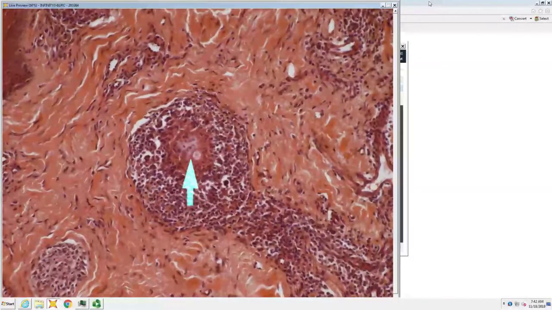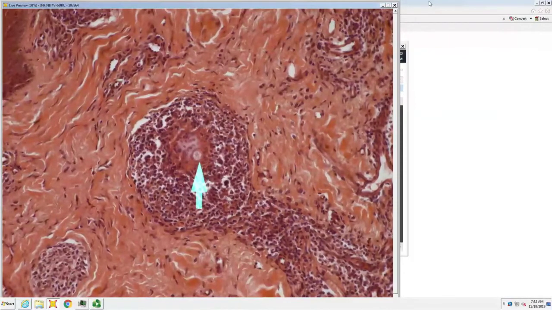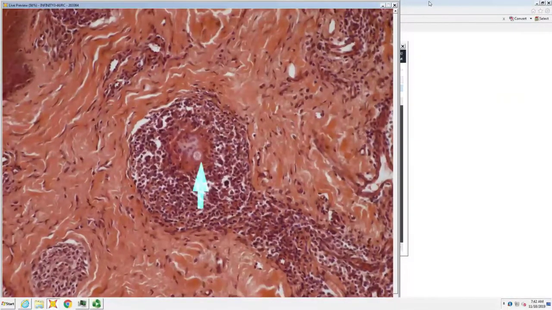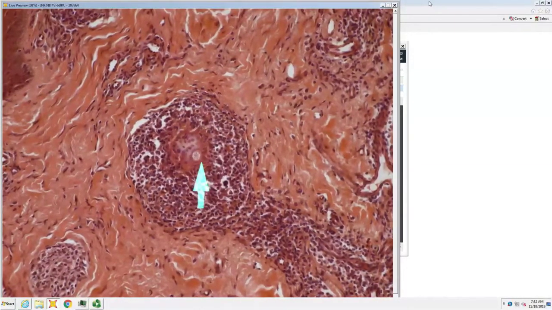Yeah, so coccidioidomycosis, and here you can make out the thick, very symmetrical wall, whereas North American blasto would have a very asymmetrical refractile wall.